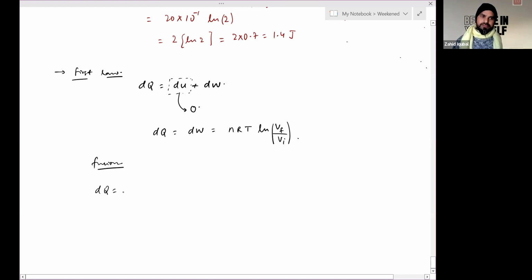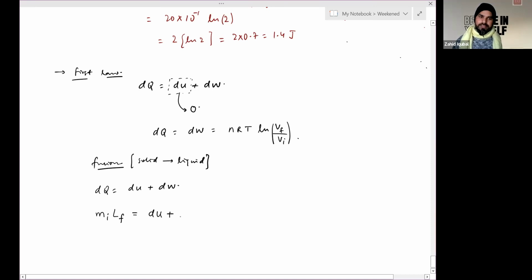dQ equals dU plus dW. dQ is the amount of heat supplied to this system. So in the case of fusion, that is from solid to liquid change, it will be termed as latent heat of fusion. So this will be equal to mass of ice times latent heat of fusion, equal to change in internal energy plus work done.